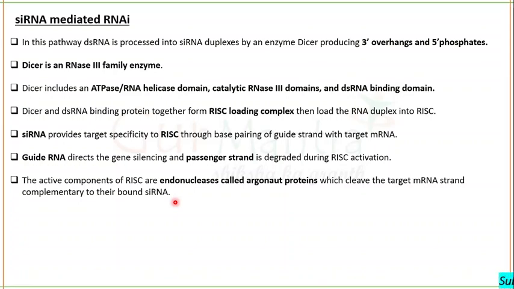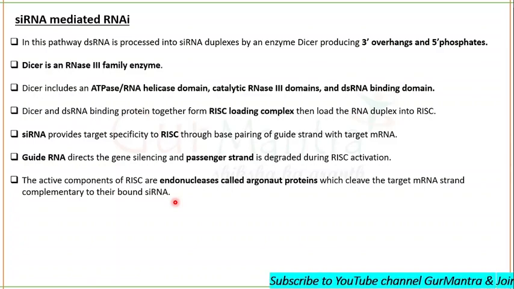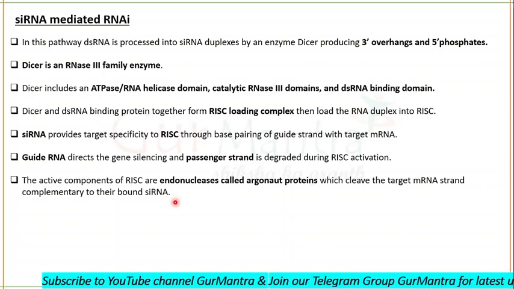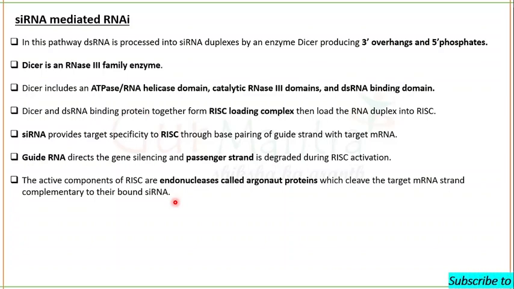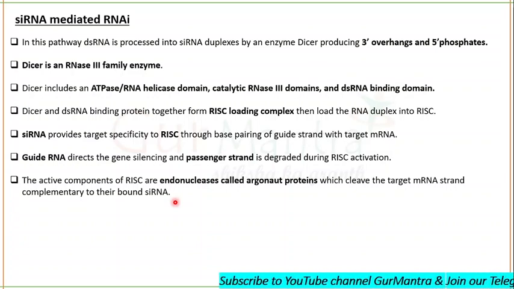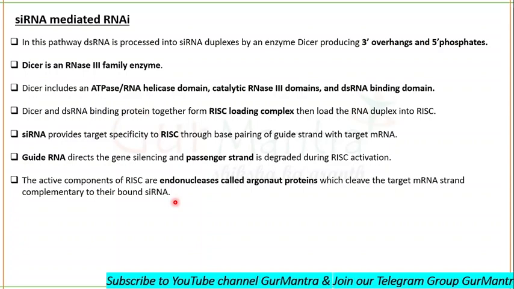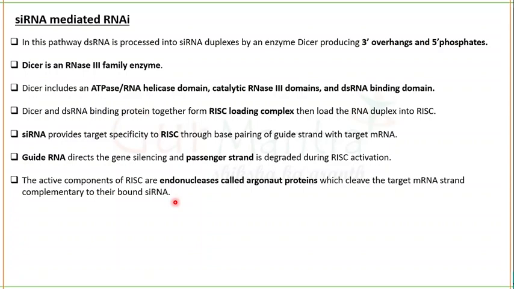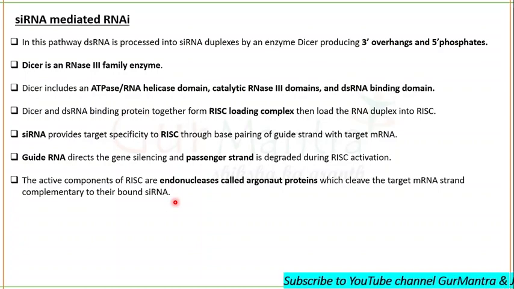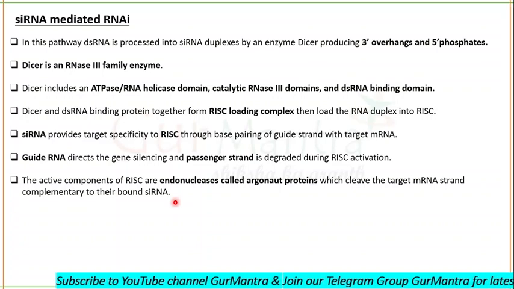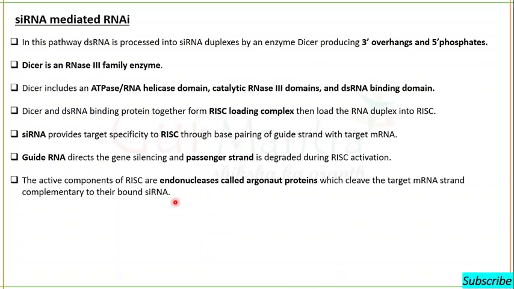Clear to you now? I am repeating it again. There is the formation of double-stranded RNA. Dicer will cleave the RNA into small interfering RNAs. Not small interfering RNA, but Dicer has different domains. Dicer along with double-stranded RNA binding proteins will form a RISC loading complex. Now it will load this double-stranded RNA molecule, like siRNA or RNA duplex, into the RISC.